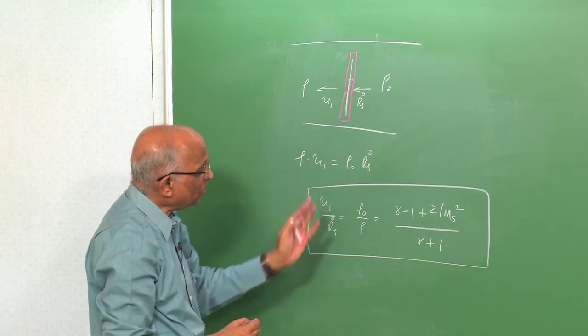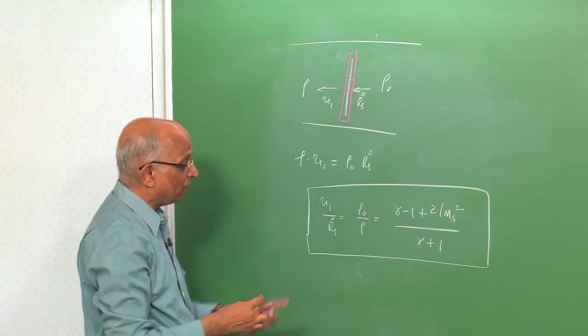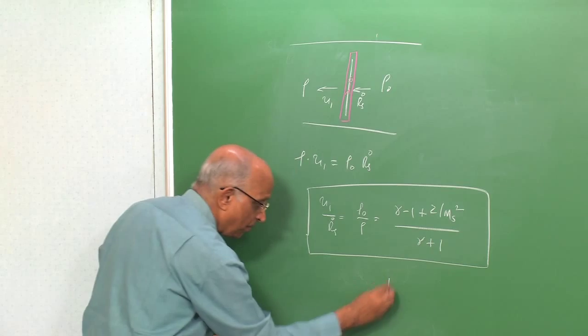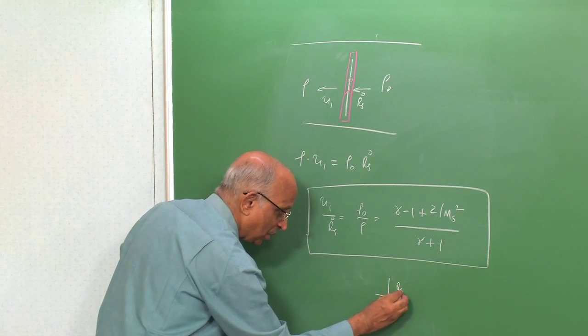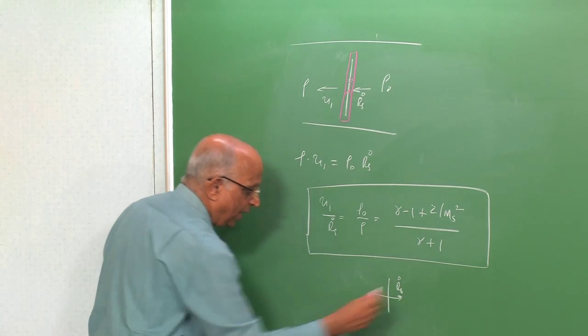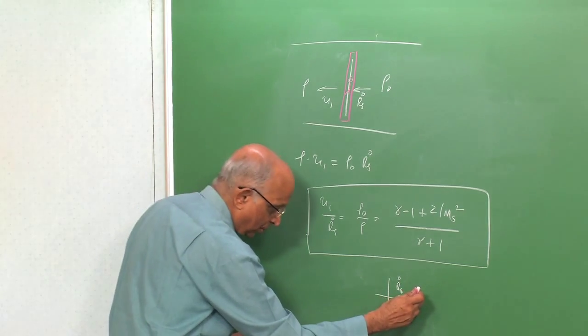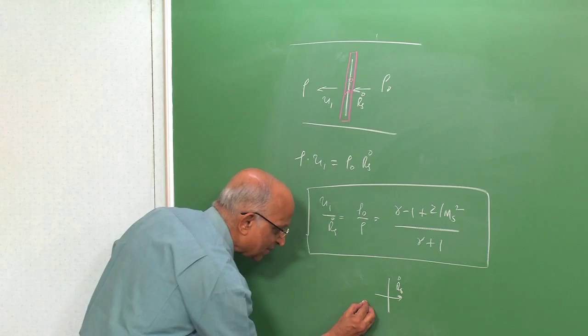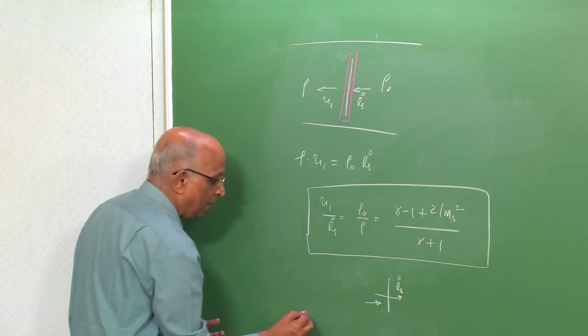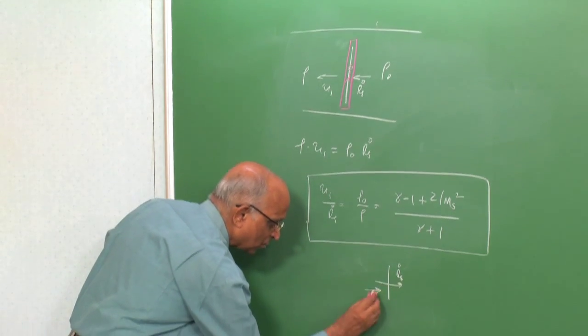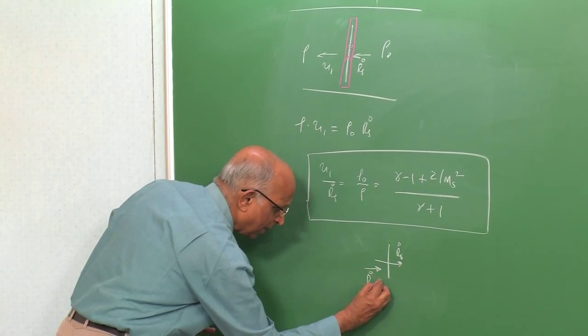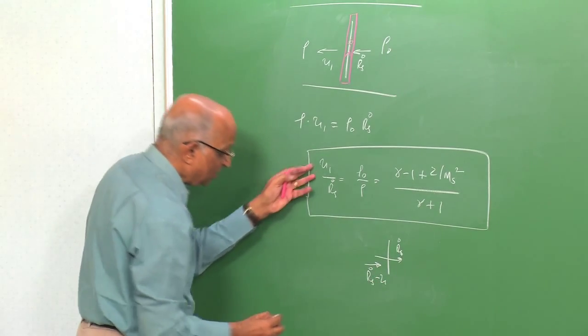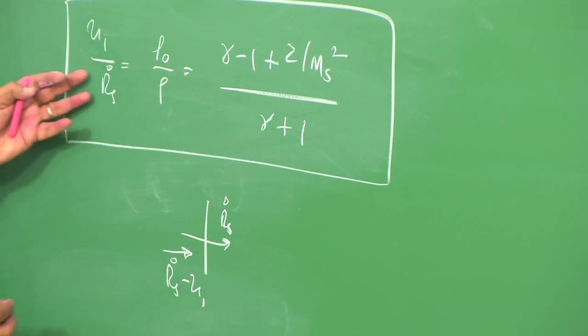But if I consider the actual movement of the shock, with the shock moving at a velocity r s dot when the medium ahead is quiescent, the velocity of the gases behind is going to be r s dot minus u 1.